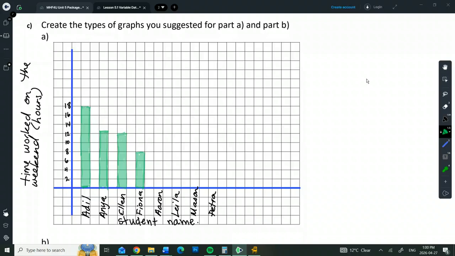Aaron, 16.5. About like a quarter of the way up in that box.